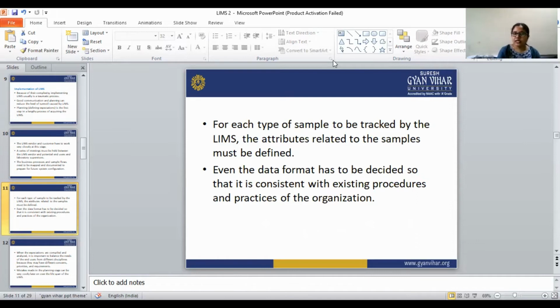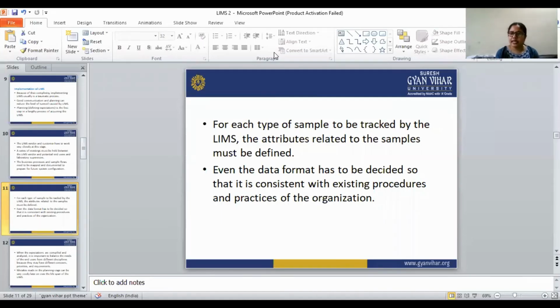For each type of sample to be tracked by the LIMS, the attributes related to the samples must be defined. Even the data format has to be decided. All the data formats they have to decide first, before implementation of the LIMS.